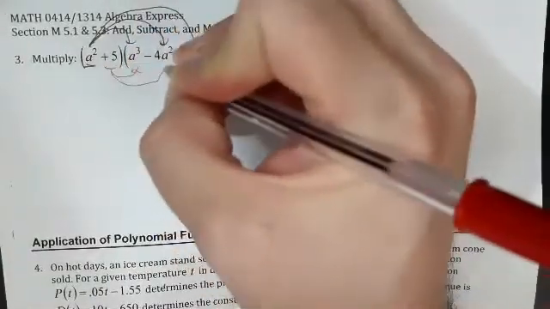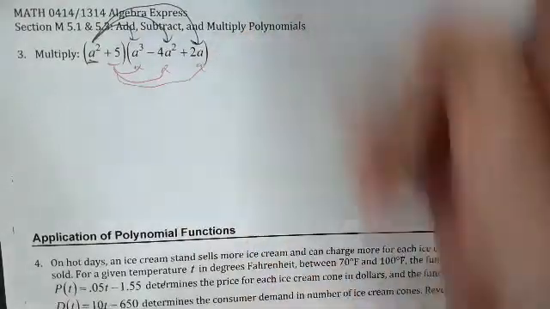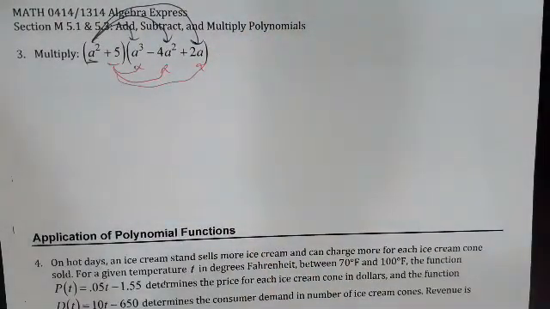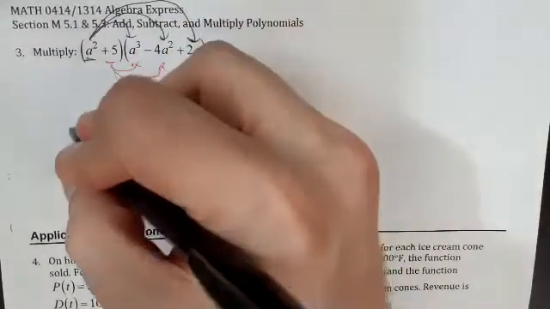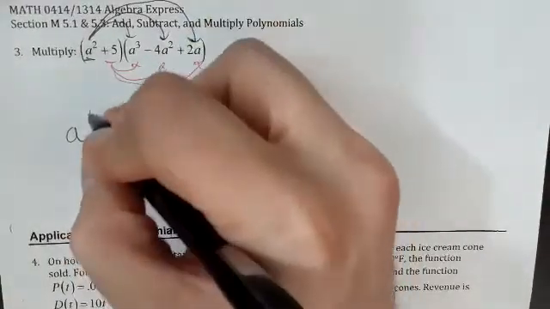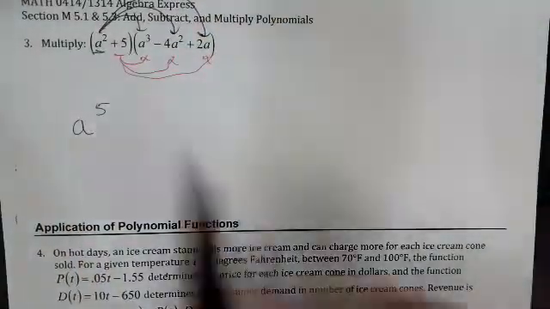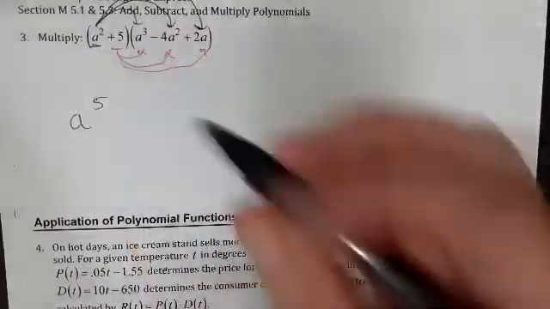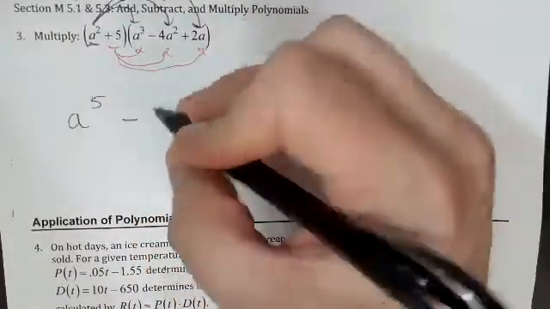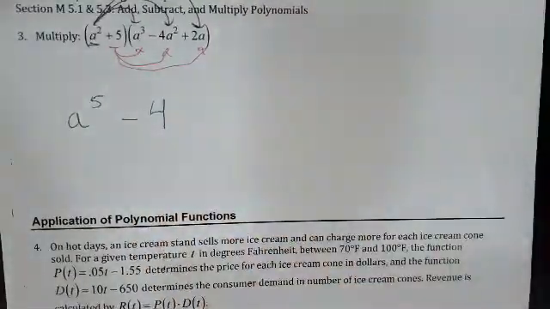So the first thing I see there is a squared times a to the third. That's a to the 5th power. The next thing I see there is a squared times minus 4a squared. The coefficient there is minus 4. There's just one here.